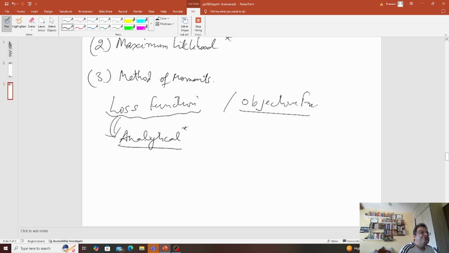So when we talk about analytical methods, we'll talk about differentiating these loss functions with respect to a parameter, equating them with zero, and mathematically trying to find the most optimized values of those parameters.